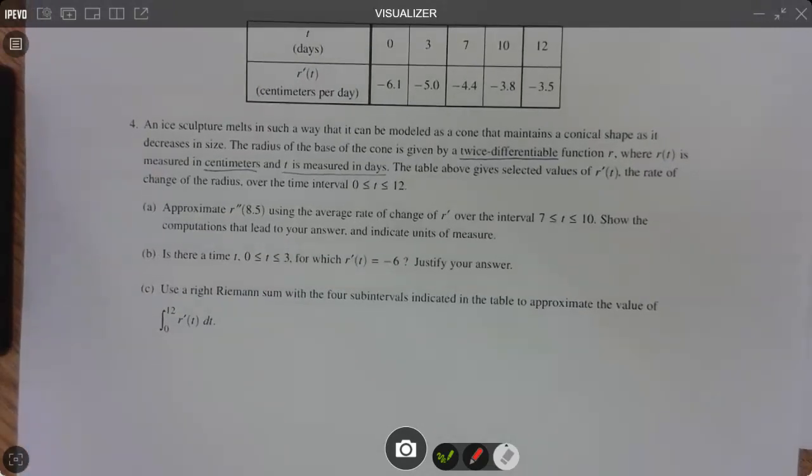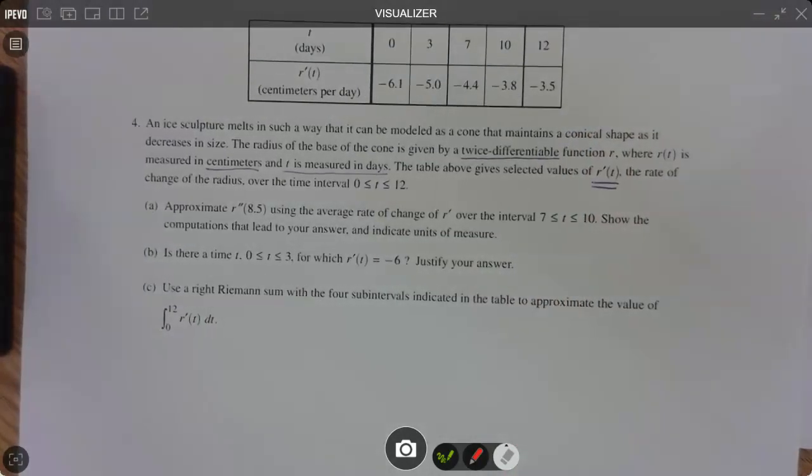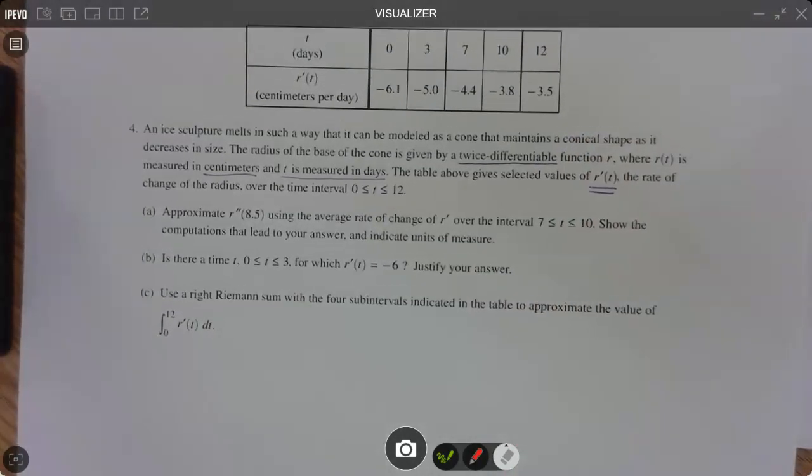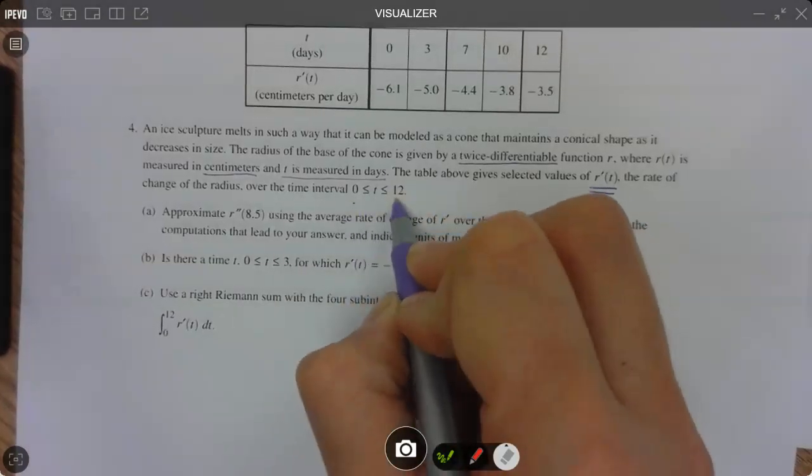The table above gives the selected values of R prime. So that means that that is a rate. It is the rate of change of the radius over the interval 0 to 12.